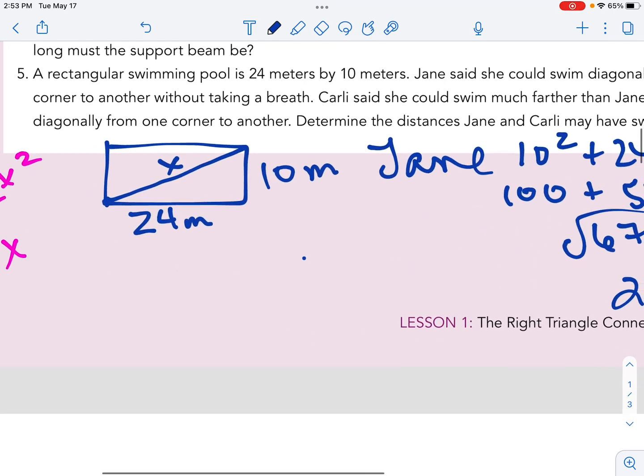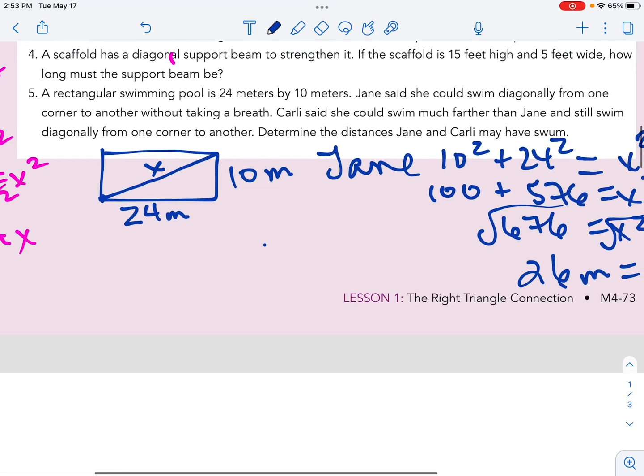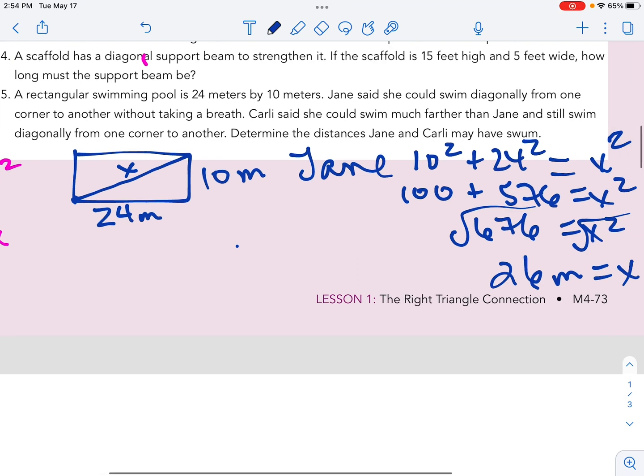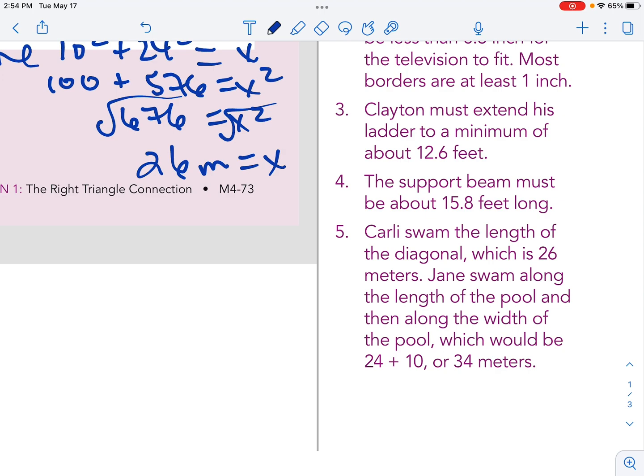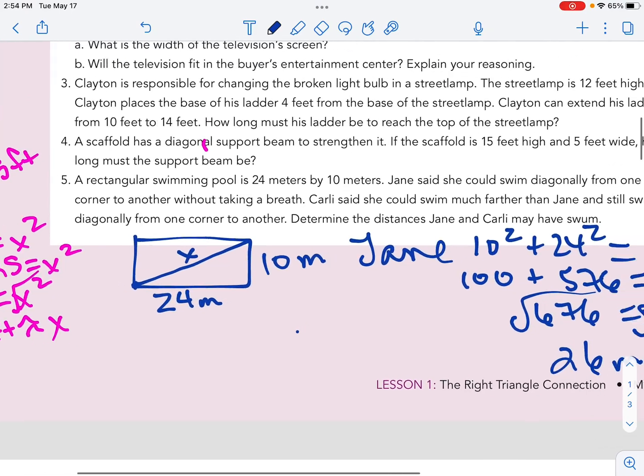And still swim diagonally. Carly said she could swim much farther than Jane and still swim diagonally from one corner to the other. What? Oh, wait a second, I'm sorry.